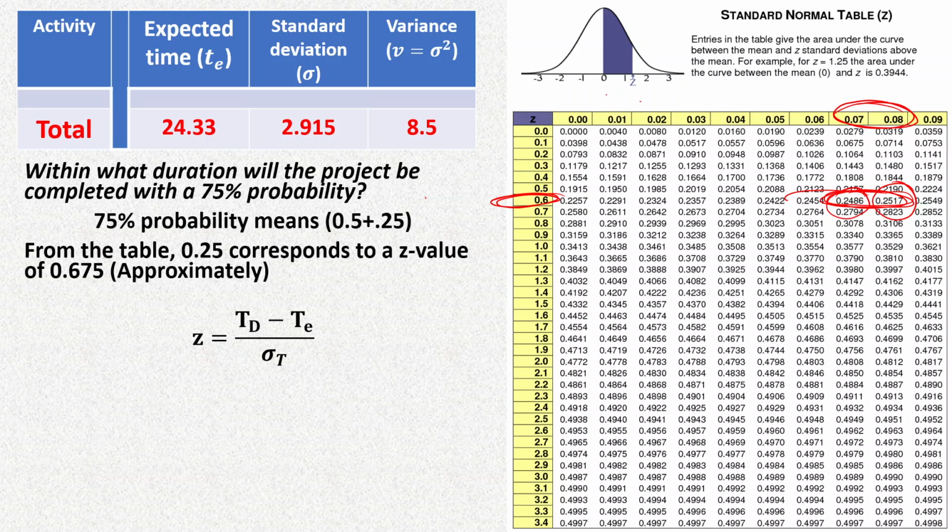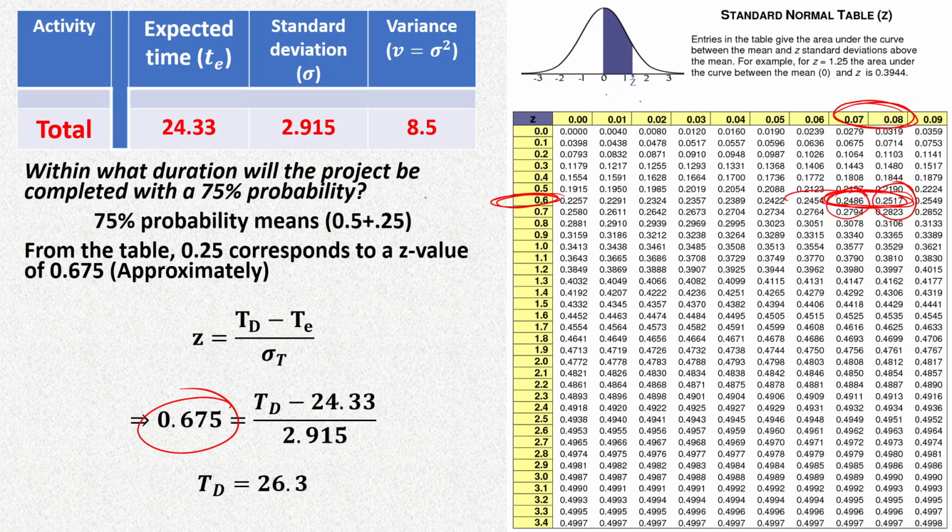So therefore, we know the formula for z. The only thing here is that we do not know the value of TD, and that was the question, within what duration. Since we found the value of z from the table, we have put the value of z here.